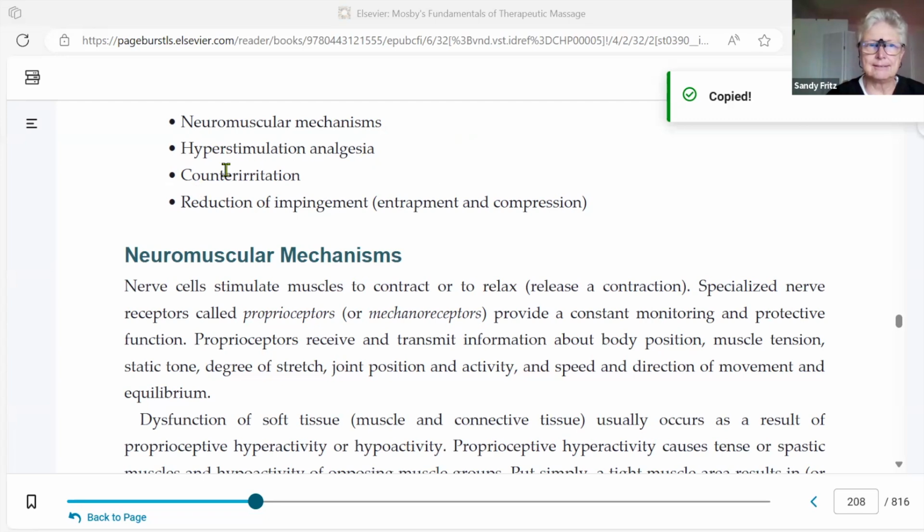Counter irritation is similar. It actually is a form of hyperstimulation, but it acts more locally. So if somebody has a burn scar that is itching and I massage over the area, I'm applying a different sensation. And the more novel, the more recent stimulation will at least temporarily override, in that example, the itching.